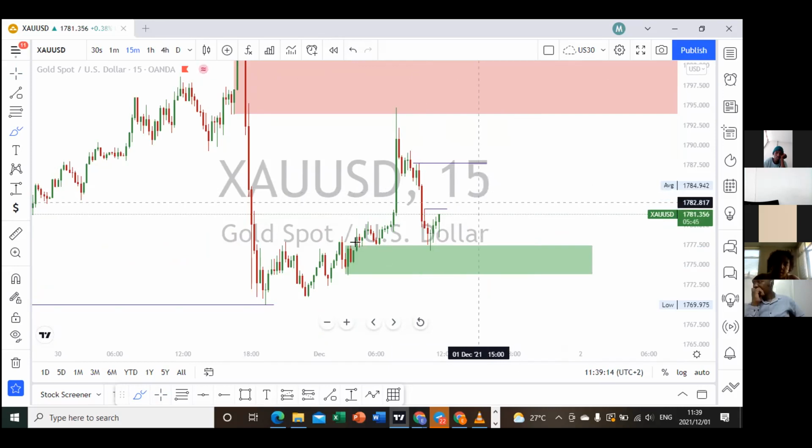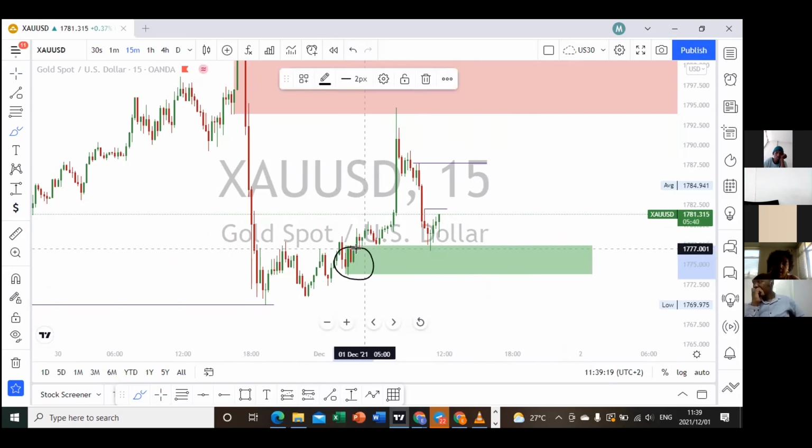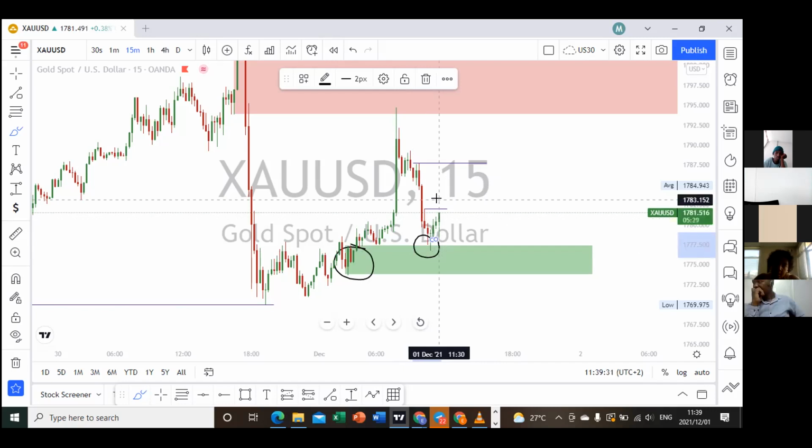But we can see we've got our nice demand zone here, and the market came to mitigate this zone, and it's intending to go upwards on lower time frames on 15 minutes.